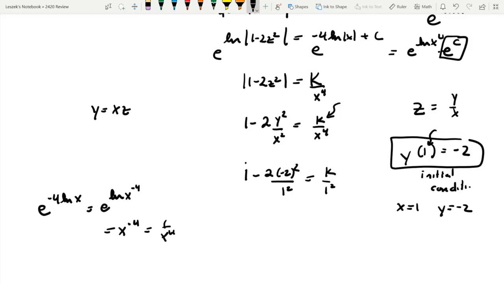Okay, so we get that k must be -7. And then you can get a particular solution.